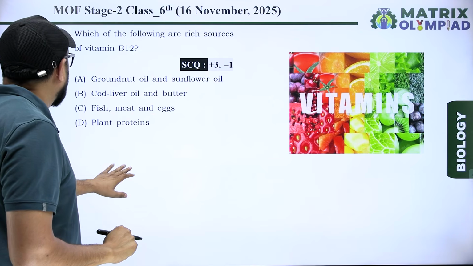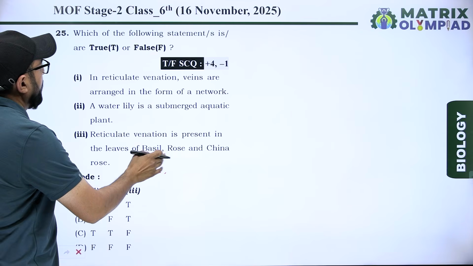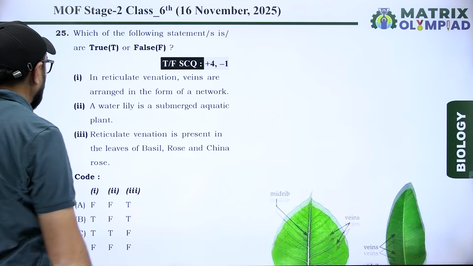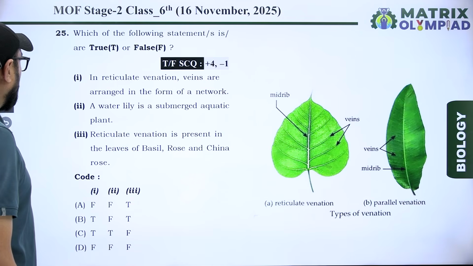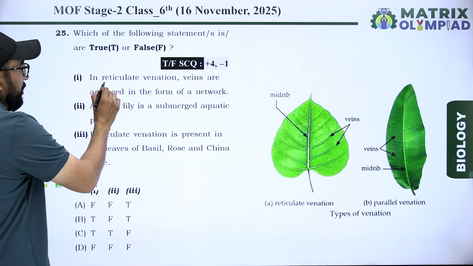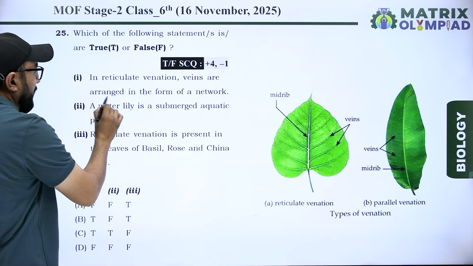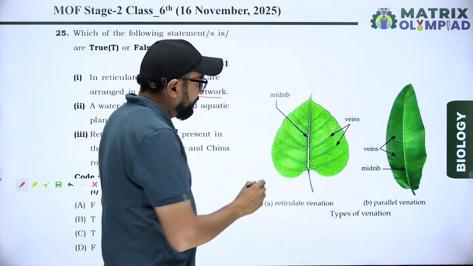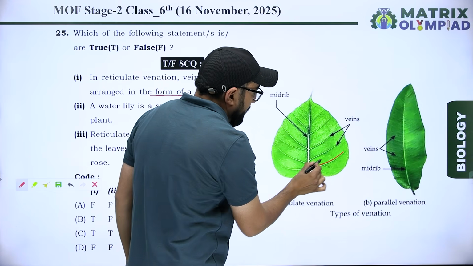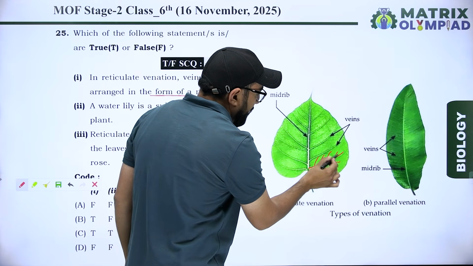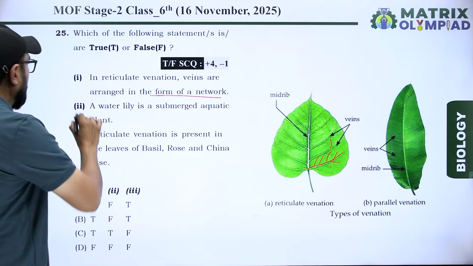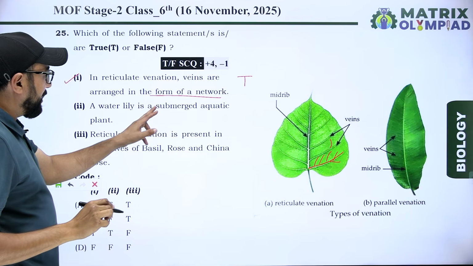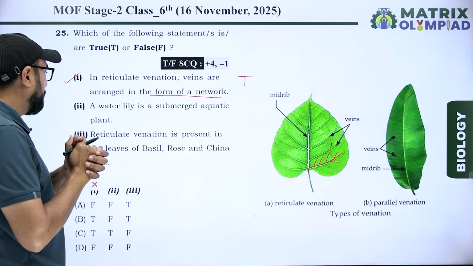Next, which of the following statements are true or false? Statement first, in reticulate venation, veins are arranged in the form of a network. In this case, veins are present in a network. So statement first is true. A water lily is a submerged aquatic plant.